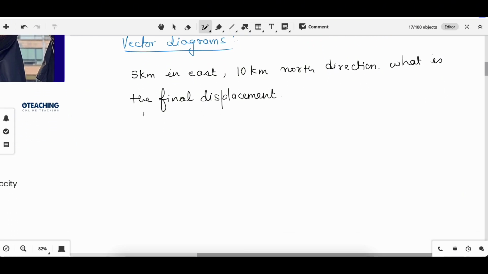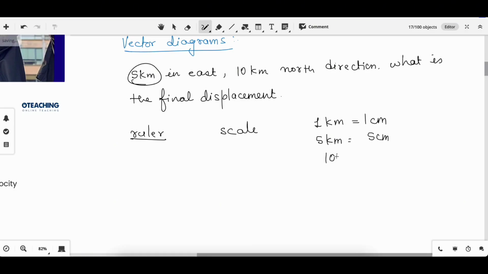Now, here you use your ruler, okay? And here you use a scale. See, I cannot draw 5 kilometers on a notebook. So what I do, I'll take that 1 kilometer is equivalent to 1 centimeter to draw my vector diagram on the notebook. So in that case, 5 kilometers becomes 5 centimeters and 10 kilometers becomes 10 centimeters.